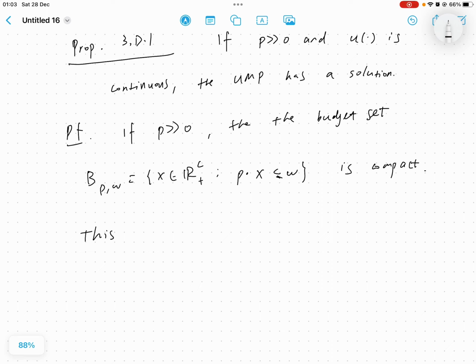When we're saying that some set is compact, it satisfies two requirements. So we have mentioned this previously, right? The first requirement would be bounded, okay? And the second would be closedness.